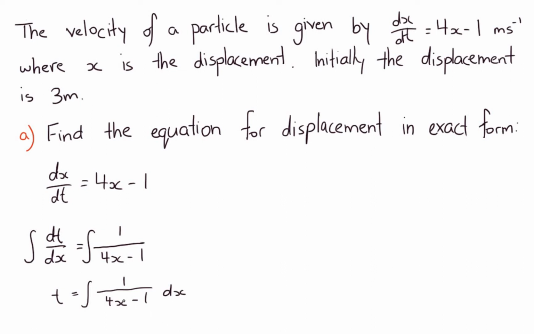Well, with a fraction where there's just x on the denominator, we should hopefully recognize that this is going to give us a log when we integrate. But this is not simply 1 on x, which would give us ln of x. We've got 4x minus 1 here, so we're looking at ln of f of x.